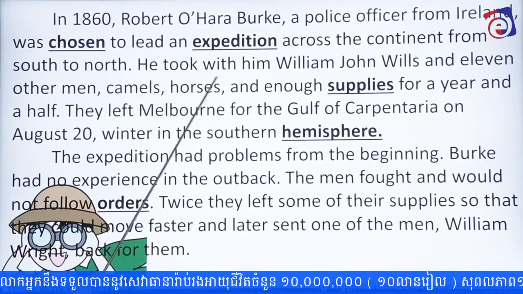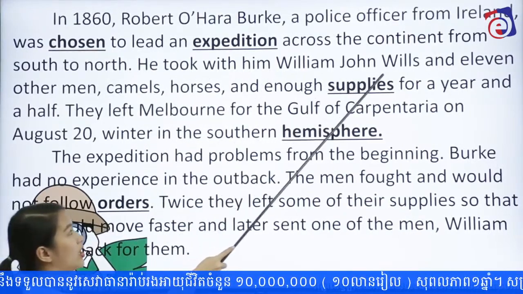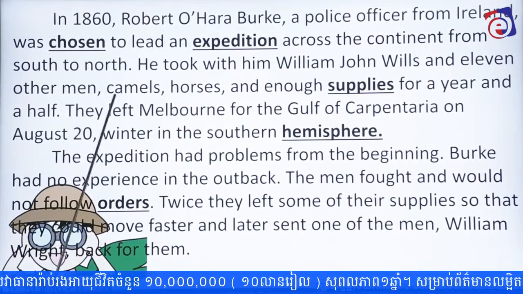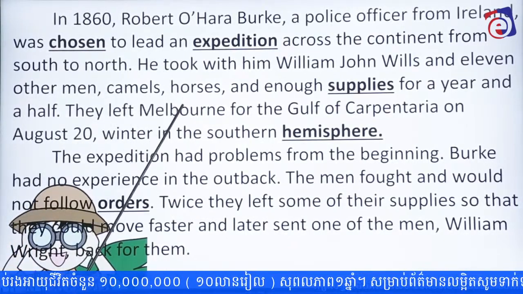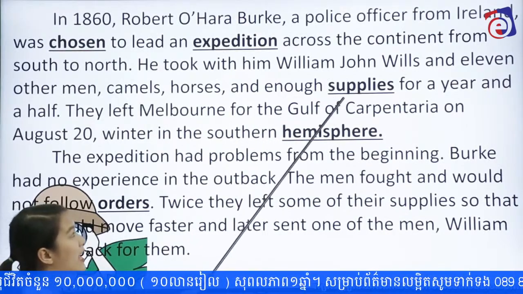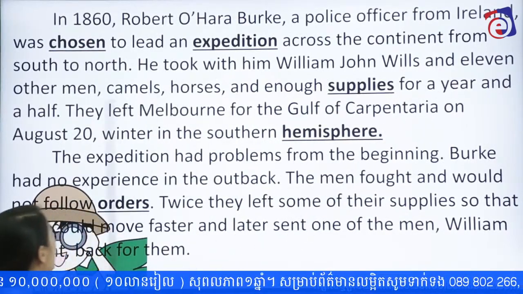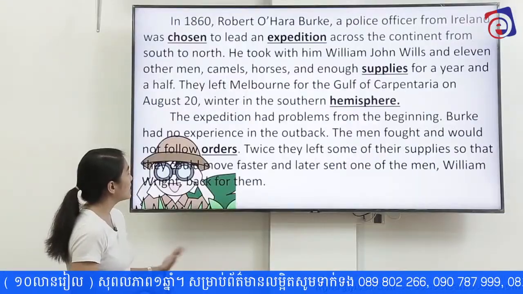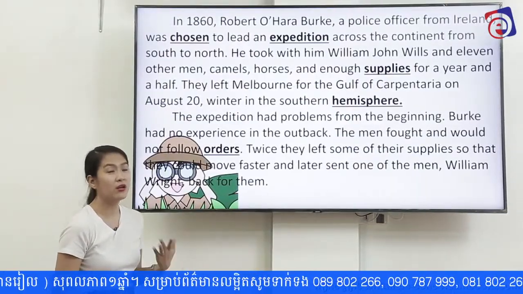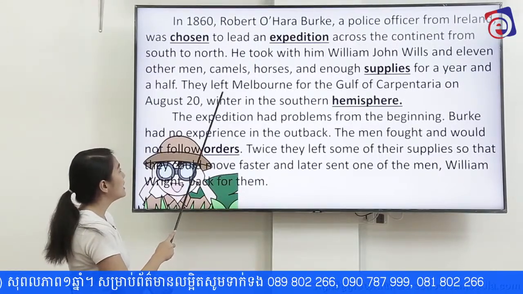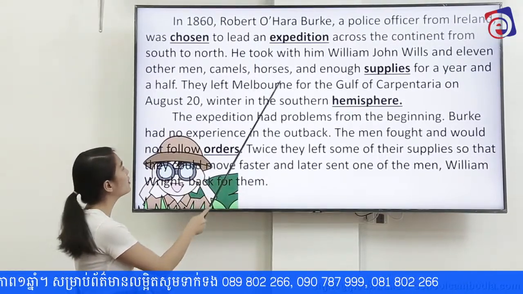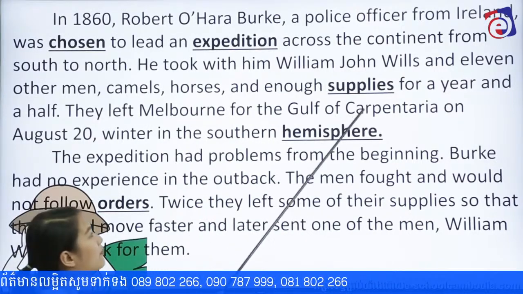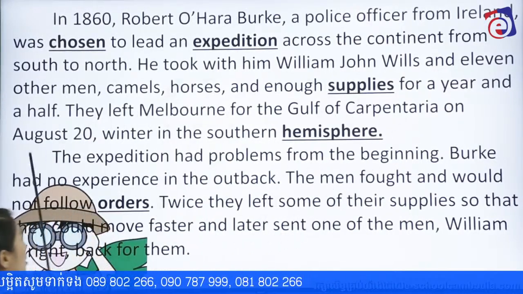He took with him William and John Wills and 11 other men, camels, horses, and enough supplies for a year and a half. So they were going on an expedition for 1 year and a half. They left Melbourne, one of the places in Australia, for the Gulf of Carpentaria on August 20.